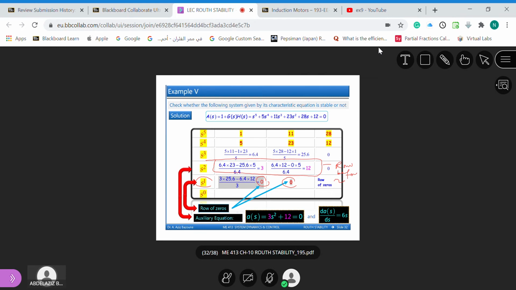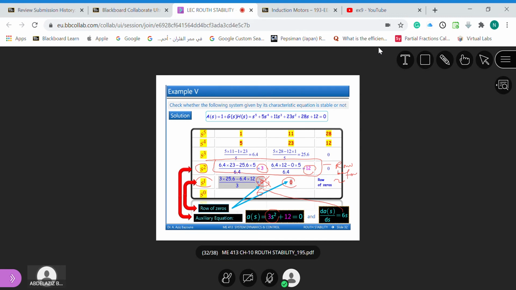This means 3s squared plus 12, and we are at s squared, and we are jumping powers. So this will give you 3s squared plus 12. What do we do now, Shabab? We just differentiate this with respect to s, dA over ds, and then substitute the zeros with the new coefficients, 6, and then continue normally.